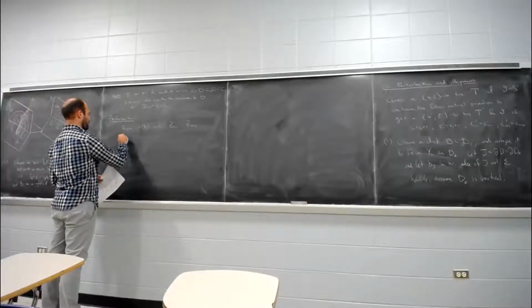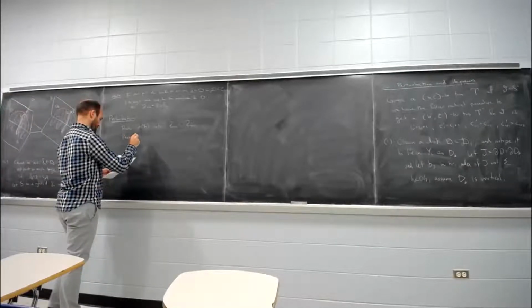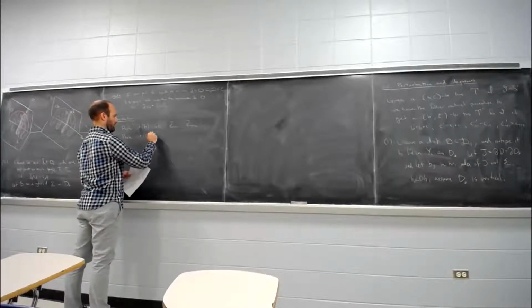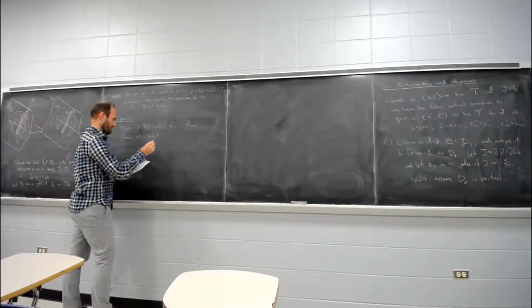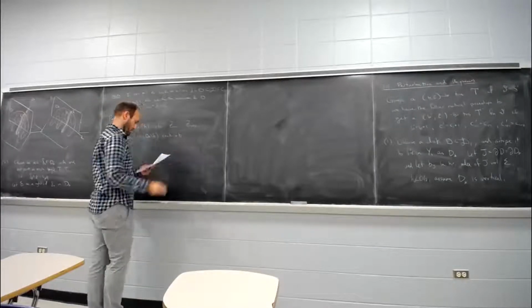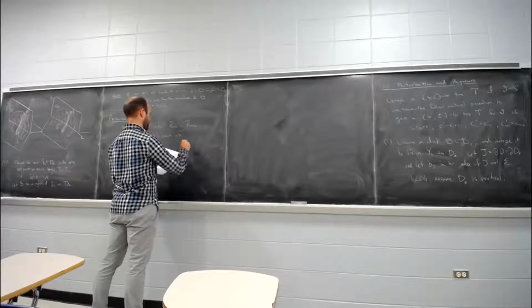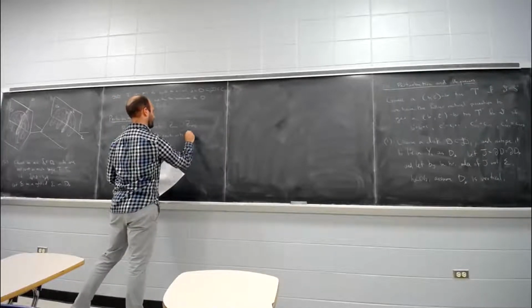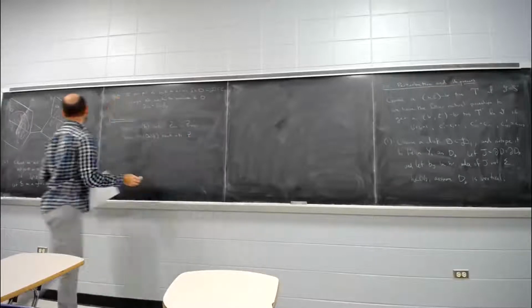And then the other thing we're going to do is push the interior of D star minus the band back into Z_i.